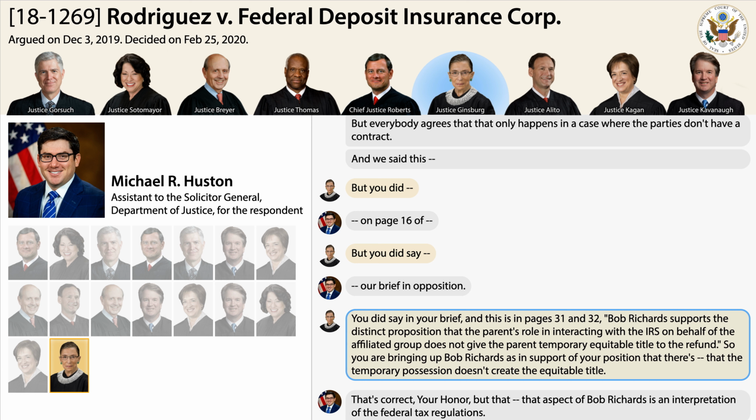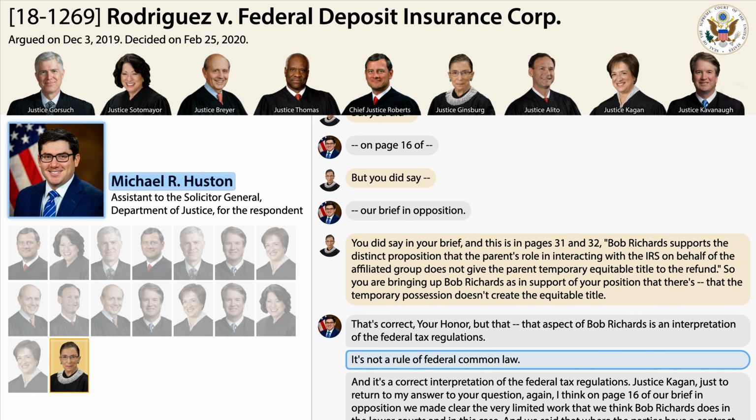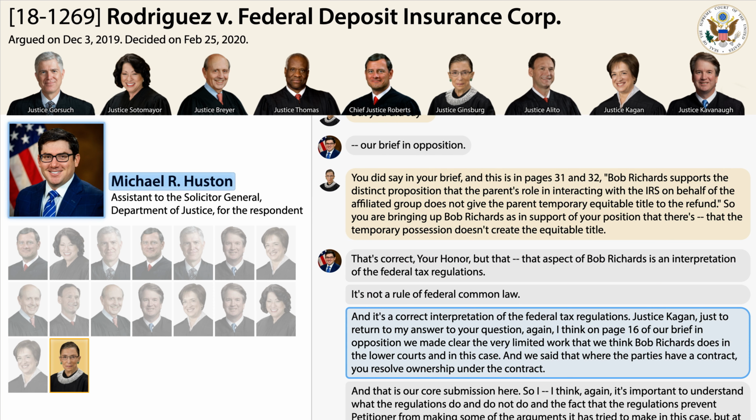So you're bringing up Bob Richards in support of your position that temporary possession doesn't create any equitable title. That's correct, Your Honor, but that aspect of Bob Richards is an interpretation of the federal tax regulations. It's not a rule of federal common law, and it's a correct interpretation of the federal tax regulations.